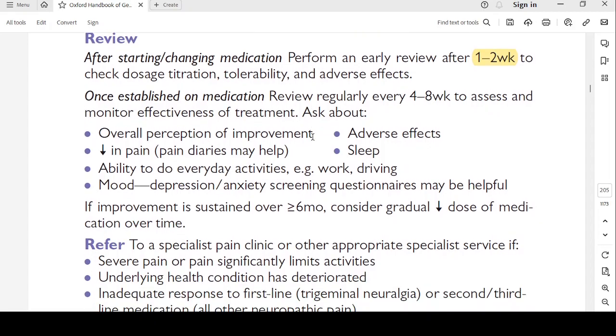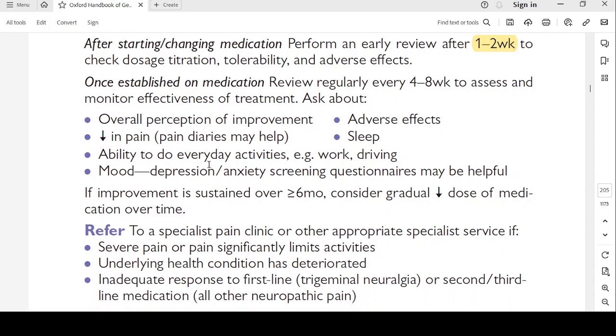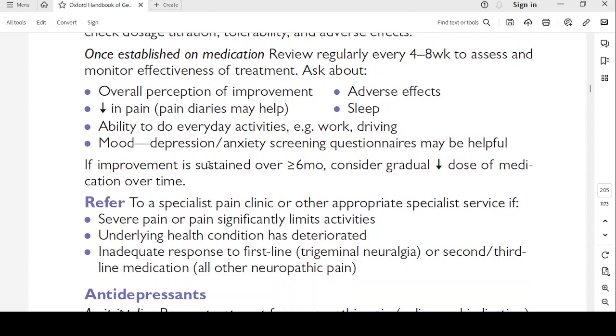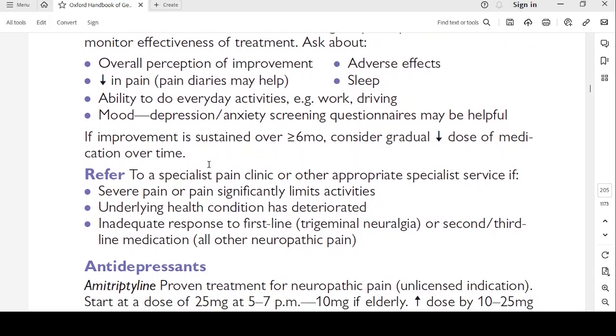Ask about overall perception of improvement, adverse effects, decrease in pain. Pain diaries may help. Sleep, ability to do everyday activities, for example work, driving, mood, depression or anxiety screening questionnaires may be helpful. If improvement is sustained over more than 6 months, consider a gradual dose reduction over time.